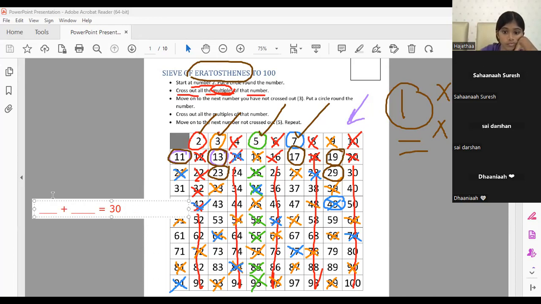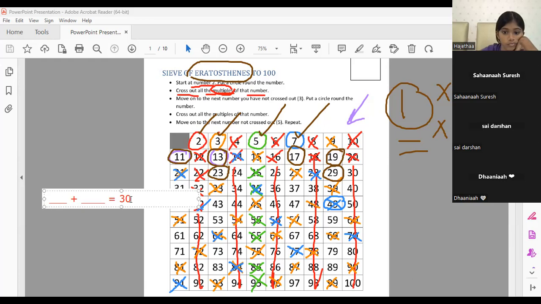Write it out in chat, please. I repeat, two prime numbers. When I add them up, they're going to give me a total of 30. What could that be? Write your full sentence in the chat.